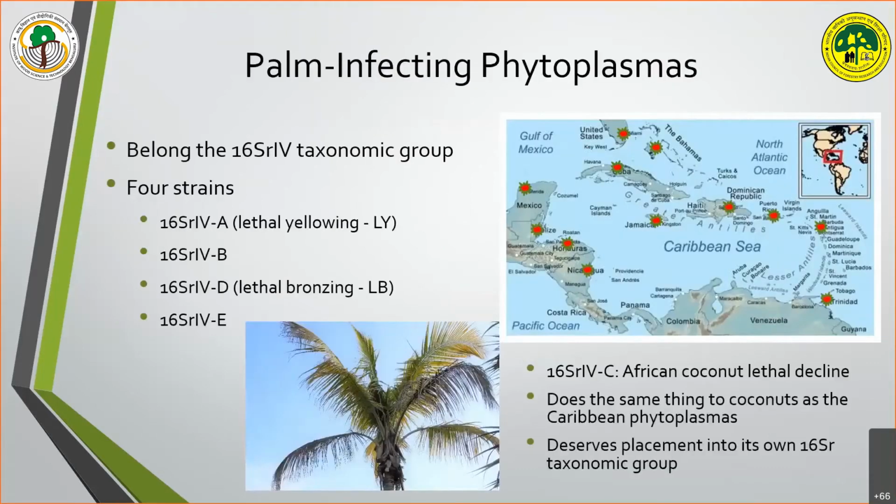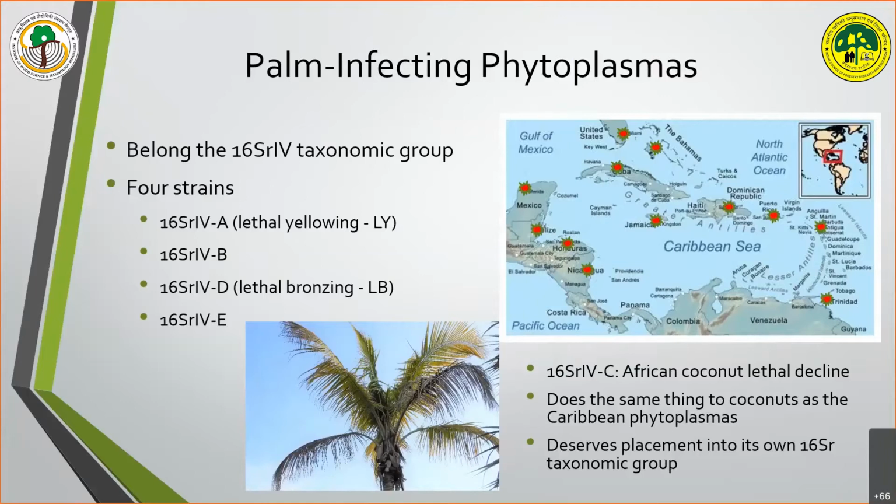So a little bit of background on the phytoplasmas that I work on. I came from a virology background, so I've had some on-the-job training and learning with regards to phytoplasmas. But specifically, the group I'm interested in is the group 4 phytoplasmas.